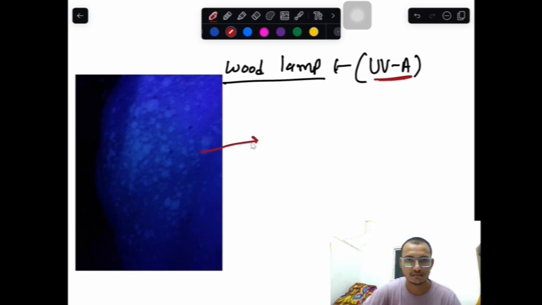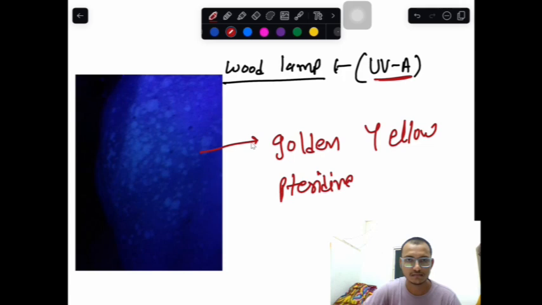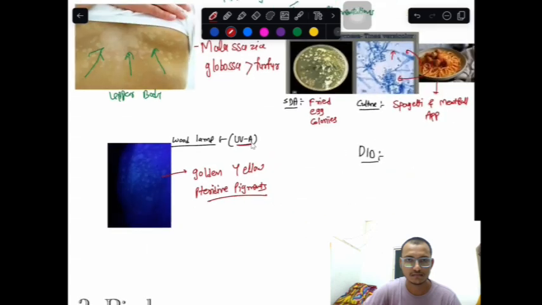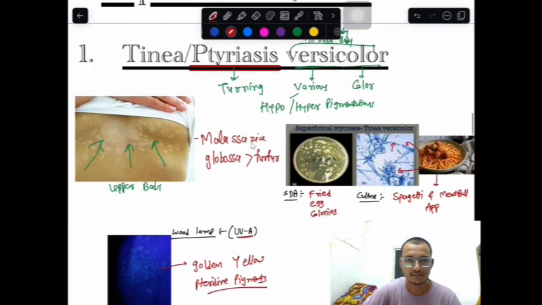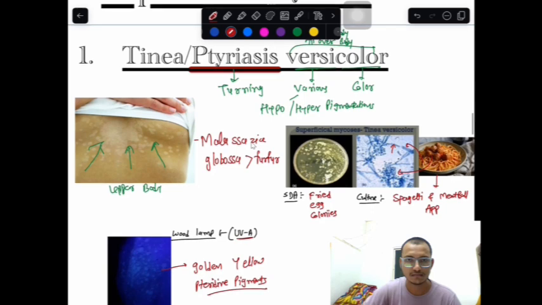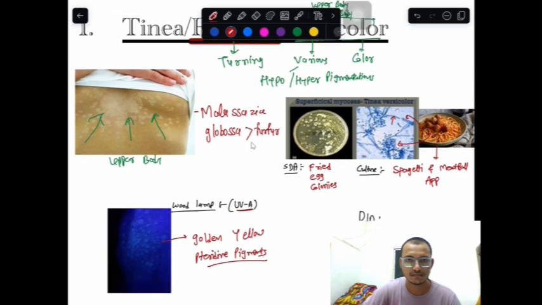They look like golden yellow pteridine pigments. So if you want to remember a few words about tinea or pityriasis versicolor: hypo or hyperpigmented, Malassezia globosa and furfur, fried egg colony, spaghetti meatball appearance, and golden yellow pteridine pigments.